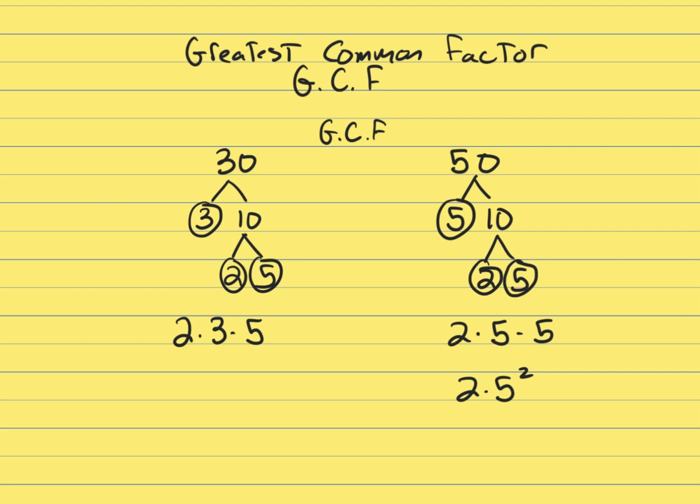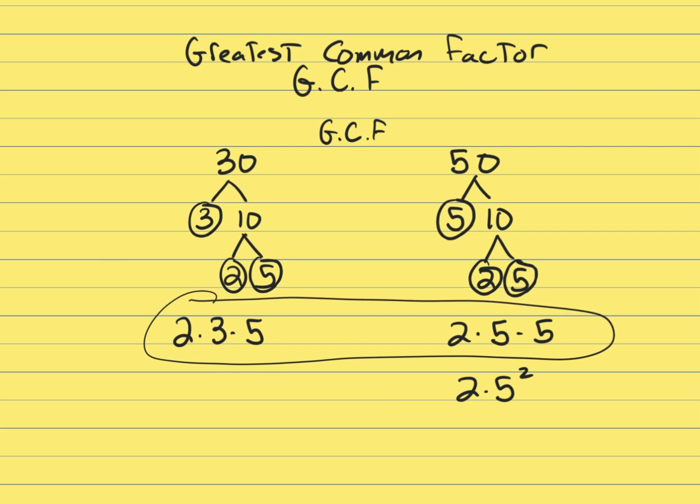Now when we're looking for the greatest common factor, we're looking for numbers that they have in common. And we're going to take those numbers that they have in common and multiply them together. Sometimes it's easier just to leave it in expanded form. They have a 2 in common, so part of my GCF is going to be 2.